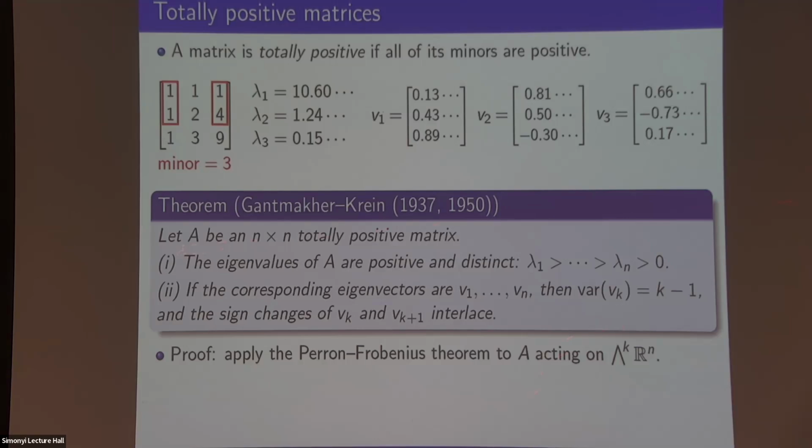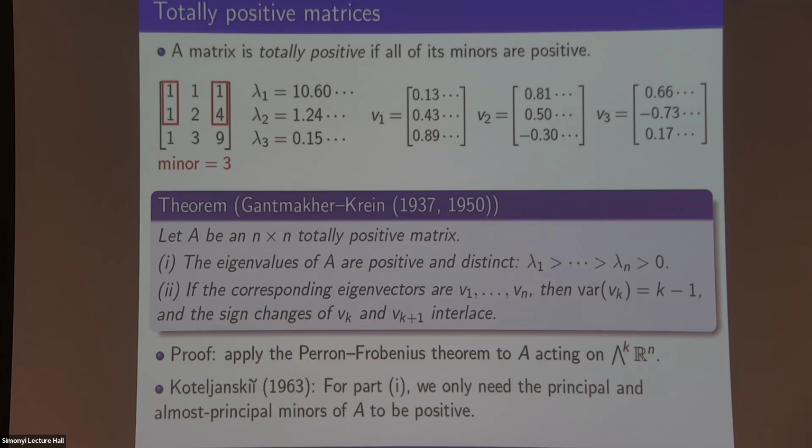So saying A is totally positive means this big matrix has positive entries in each of these exterior powers, and so we can apply the Perron-Frobenius theorem. There's still some more work to do, but that's the general idea. And this is going to come back later when we want to generalize this to other algebraic groups.